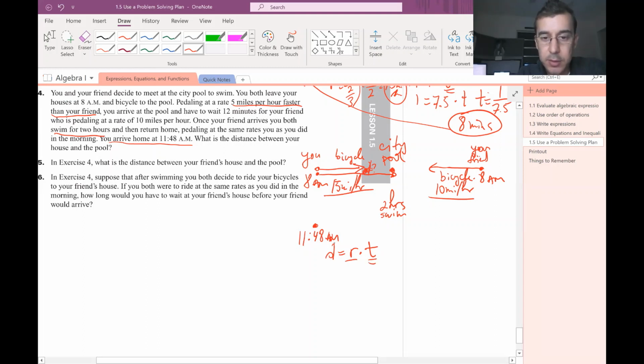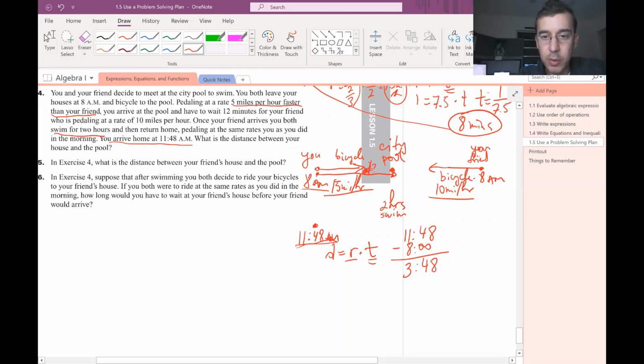How? Because the start time and the end time are given, so we have to subtract 11:48 minus 8 o'clock, the start time. So that's 3 hours and 48 minutes that we were out of the house.